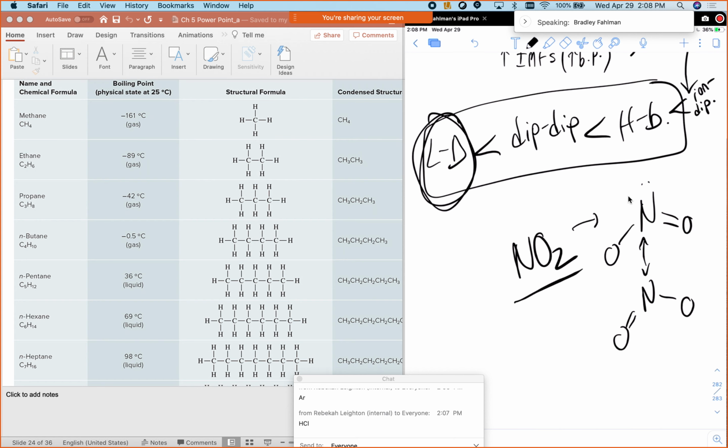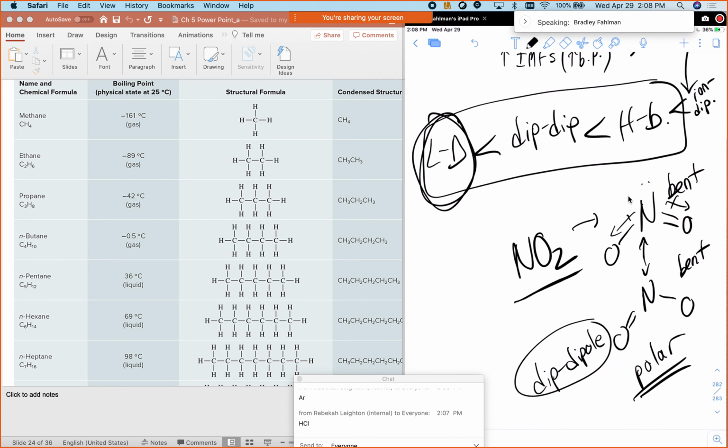And so this is going to be bent, which means that these dipoles are not going to cancel, so it's going to be polar, and that means it's going to be dipole-dipole. So a question like that is a variety.